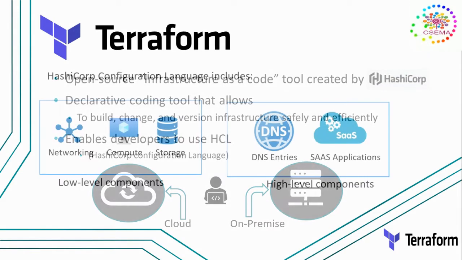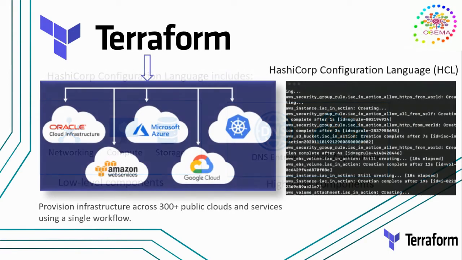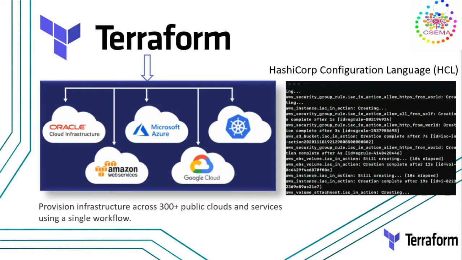This includes low-level components such as compute instances, storage, and networking, as well as high-level components such as entries, SaaS features, and so on. Then it generates a plan for reaching that end state that we described in HCL and executes the plan to provision the infrastructure.